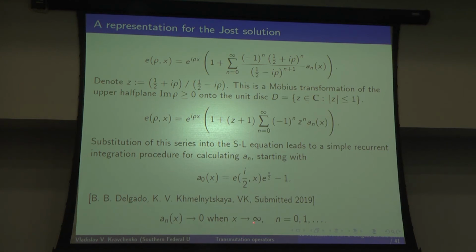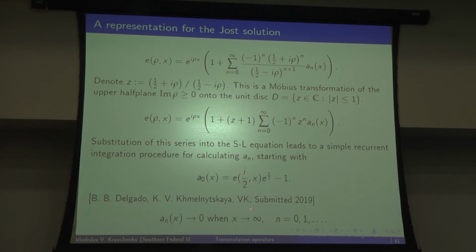So what we obtain is a simple, in fact, simple recurrent integration procedure for calculating the coefficients a_n, starting with the first one, a_0, which is just the Jost solution corresponding to the precise value of the spectral parameter rho equal to i/2.